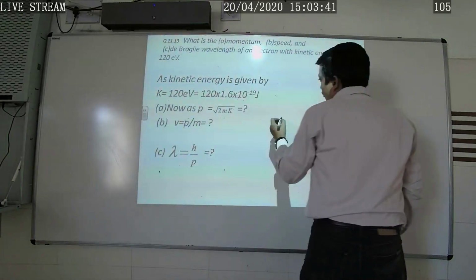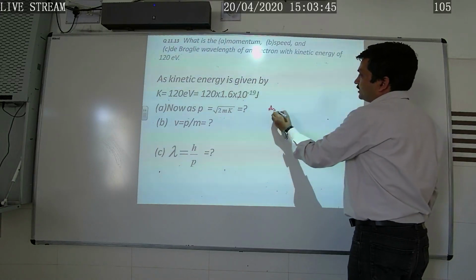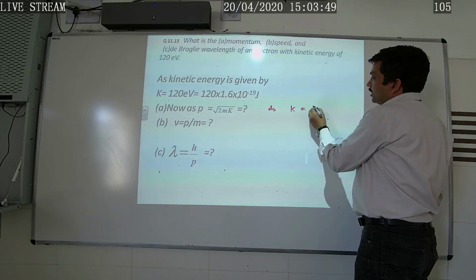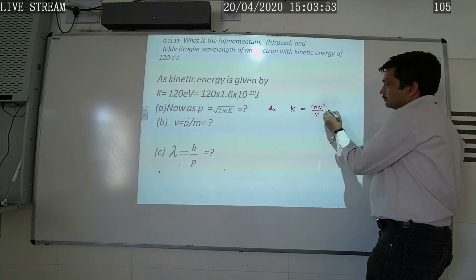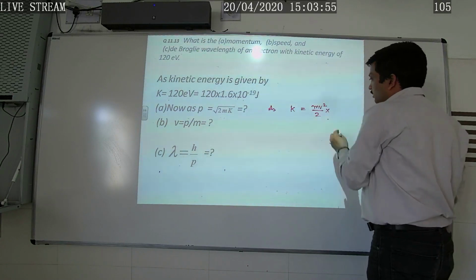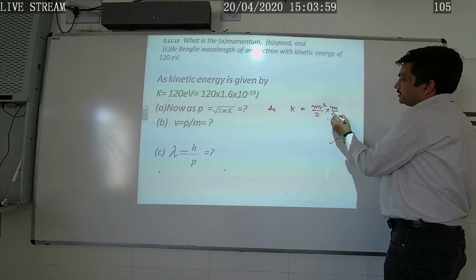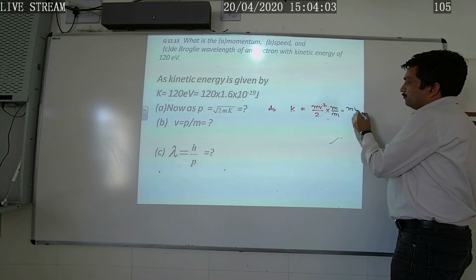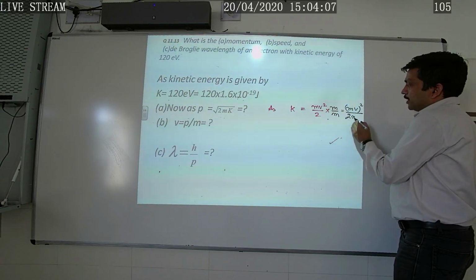So how can we calculate momentum? As we know, kinetic energy is equal to 1 by 2 mv square, or we can write mv square by 2. Go back to 11th class. If I multiply this by m and divide by m, what do we get? (mv) whole square divided by 2m.